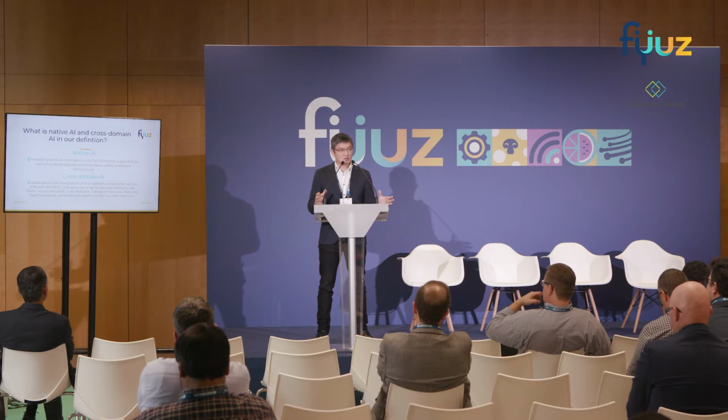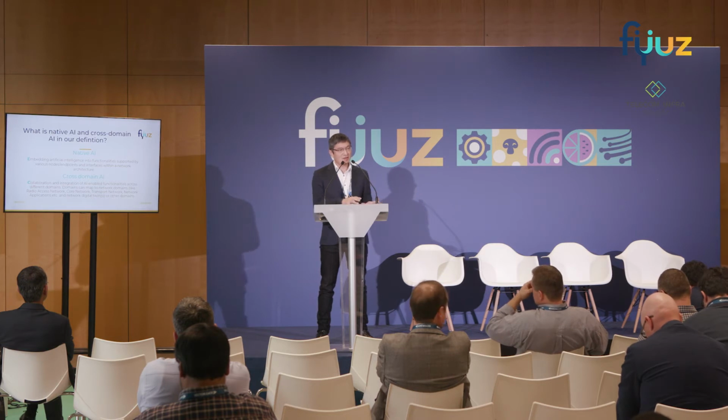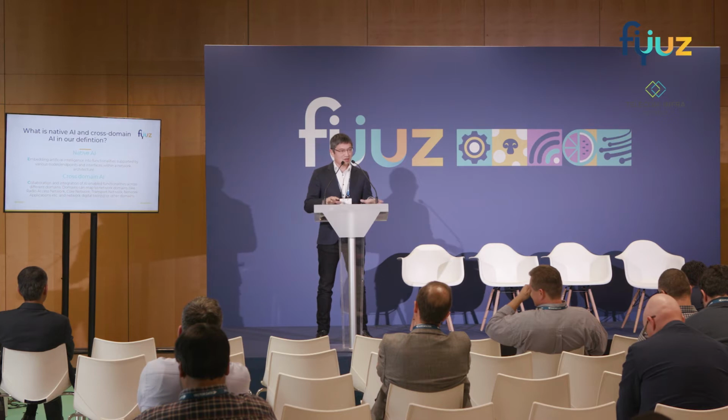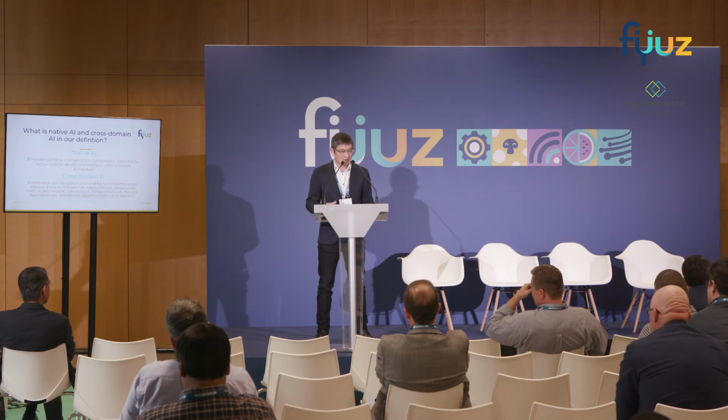Putting it all together, this will also need a network architecture to support it. So it is basically how AI is embedded into the network architecture, node or endpoint, to support those functions. That is our definition for native AI.